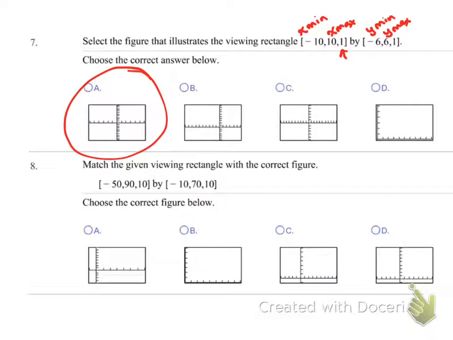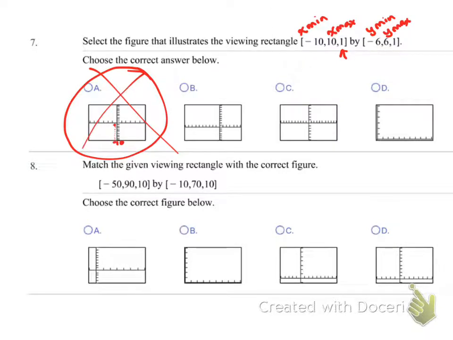Well, if we look real closely at the tick marks, this would be negative 1, negative 2, negative 3, negative 4, negative 5, negative 6, negative 7, negative 8, negative 9, and negative 10. So that would mean my y minimum is negative 10. But look at my y minimum, it's supposed to be negative 6. So automatically, this doesn't work.